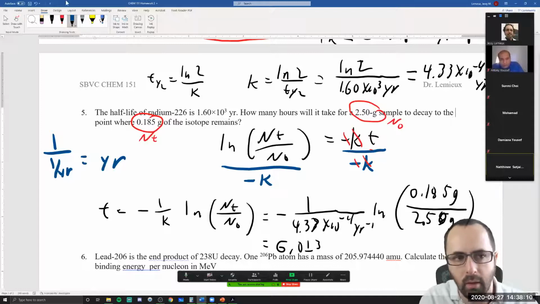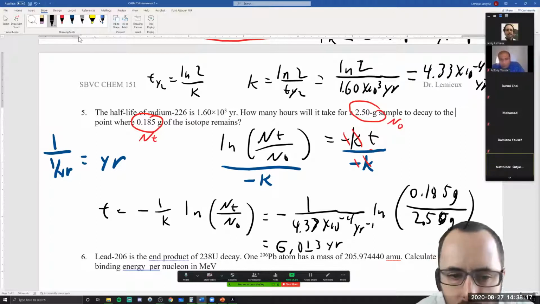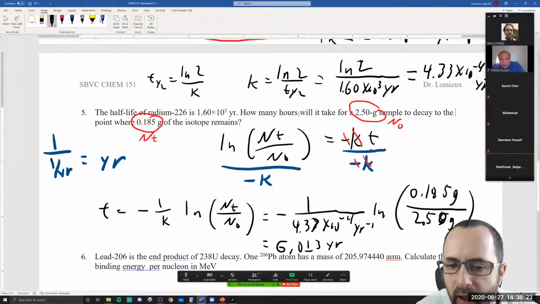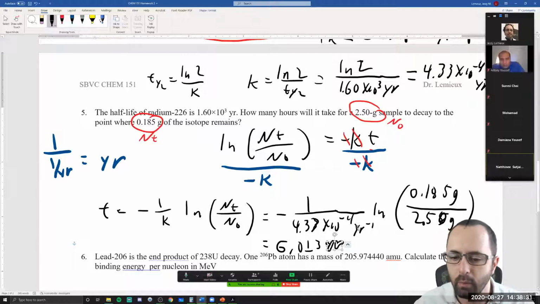So these are going to be units of years. And convert those to hours. The reason why I asked you for hours here was because if you forgot that you were working in years, you'll forget to convert to hours at the end. That's why it's really important to keep your unit.